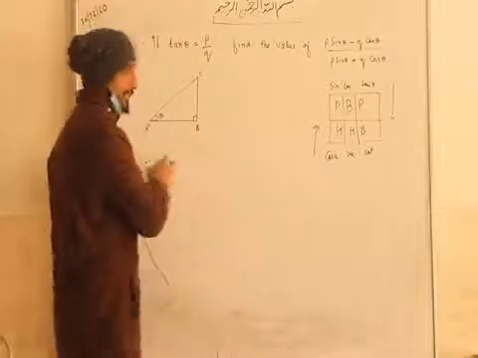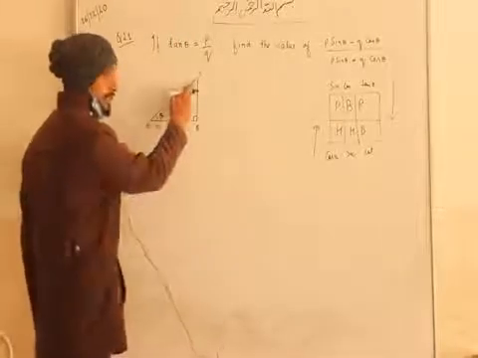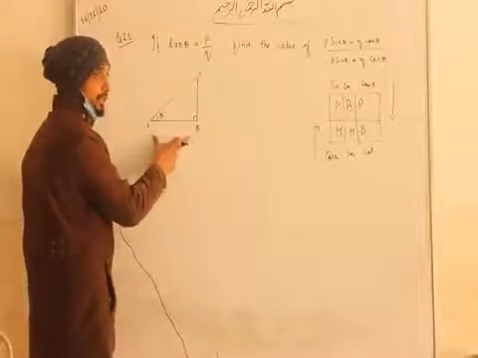So in this triangle, this is the theta we are considering here. According to this theta, AB is the base of this triangle.